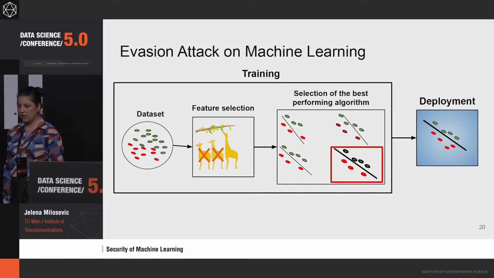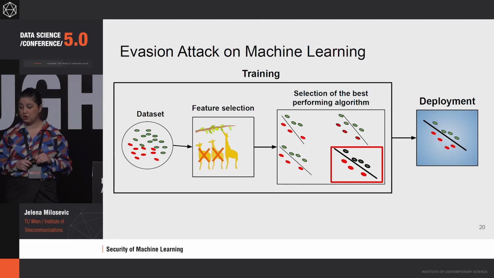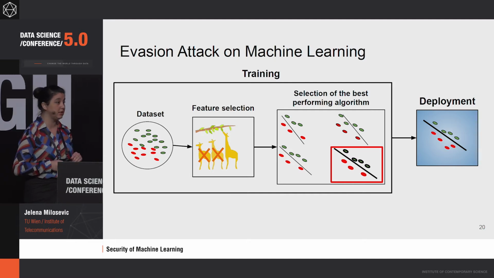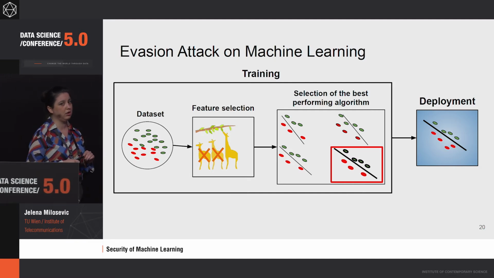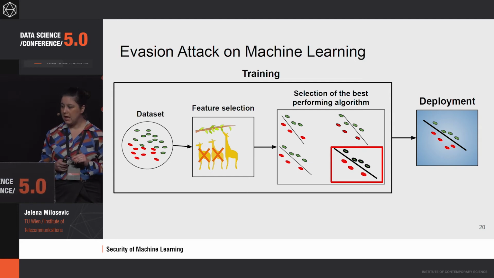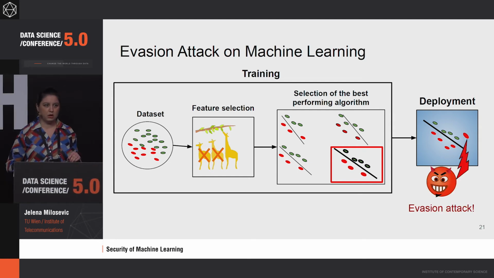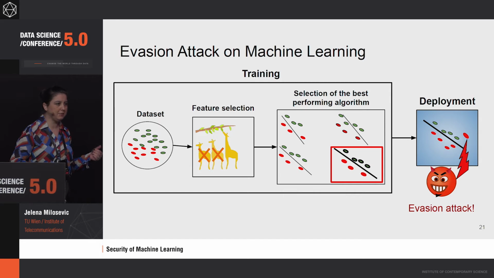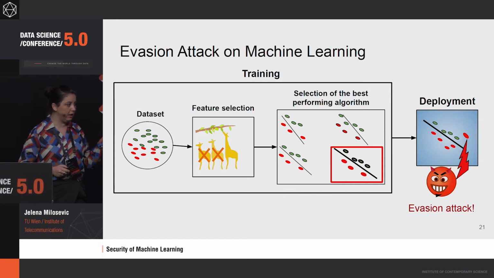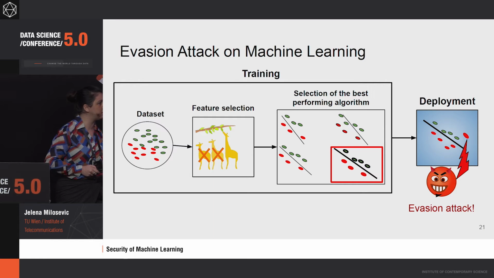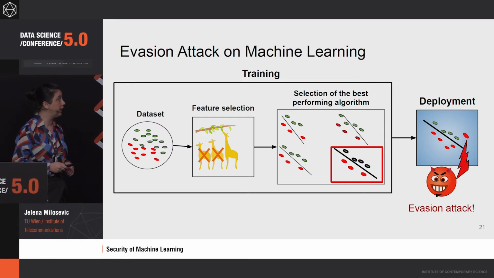As I previously mentioned, the other attack that is very interesting is the evasion attack. What makes this attack interesting is that it happens at the deployment stage. So the attacker does not need access to training data. And here the attacker somehow manages to completely abuse the machine learning system in a way that it says that some instance is legitimate, although the instance actually performs an attack or does some malicious behavior.